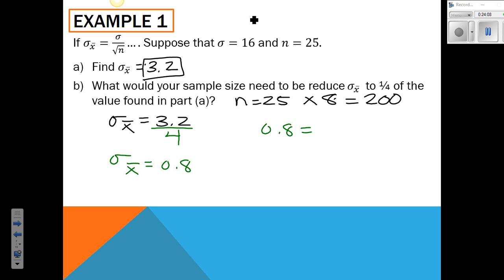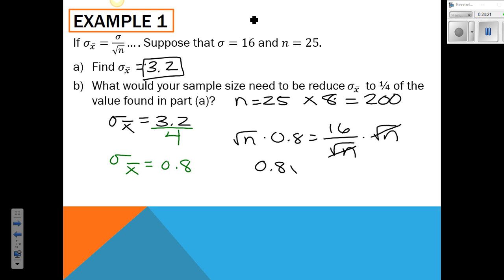So 0.8. Now that's going to be equal to what? 16 over the square root of n. Let's make these the same color, shall we? Multiply both sides by the square root of n. Divide by what?